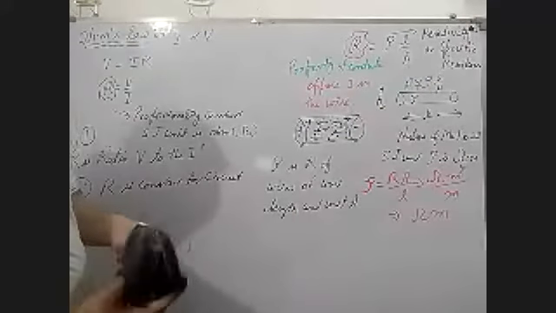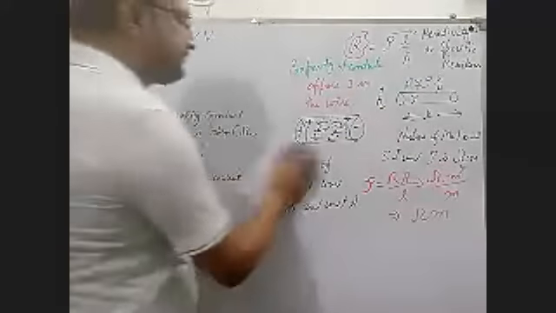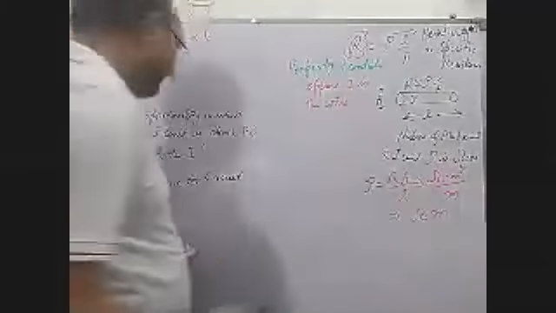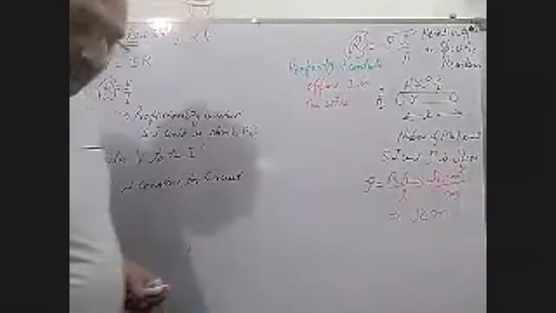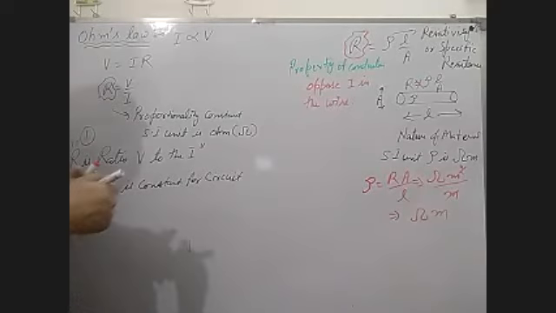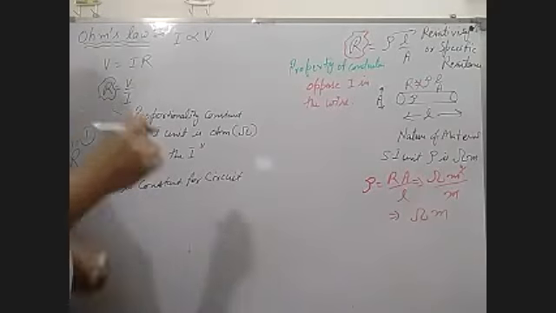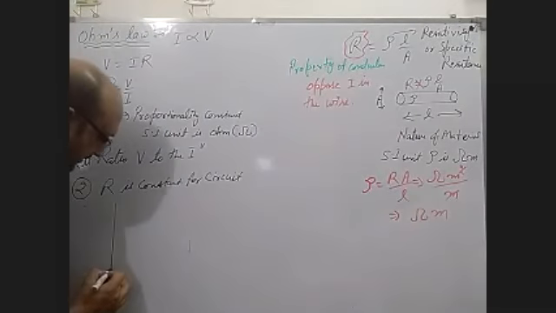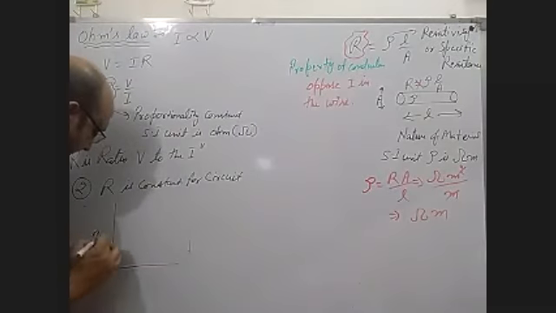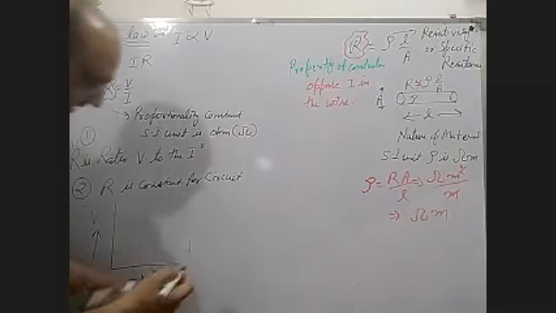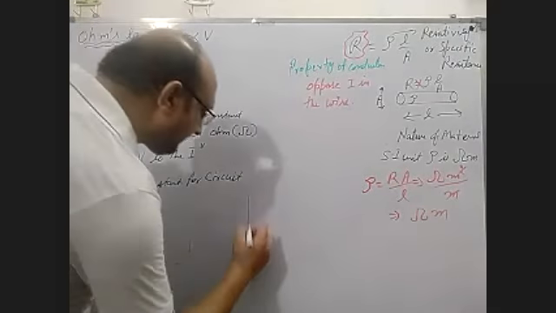Now we are talking about Ohm's law. R is equal to V upon I. There are two graphs for this: the VI graph and the IV graph.